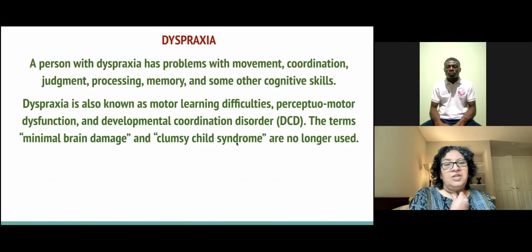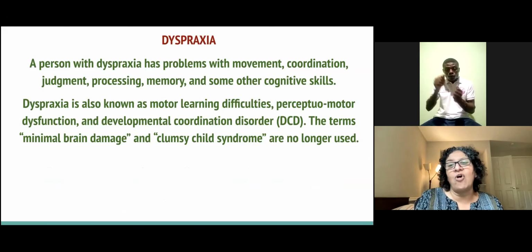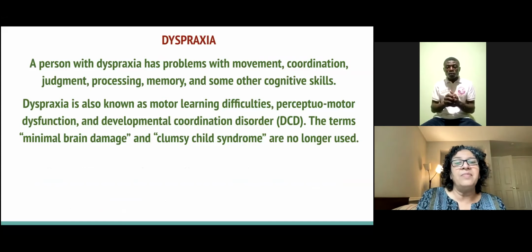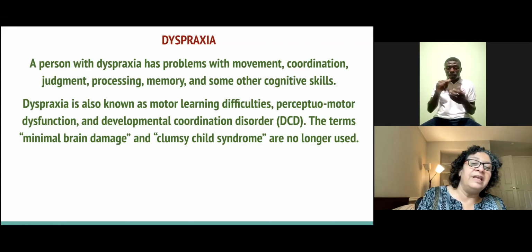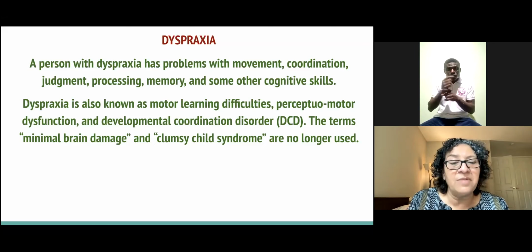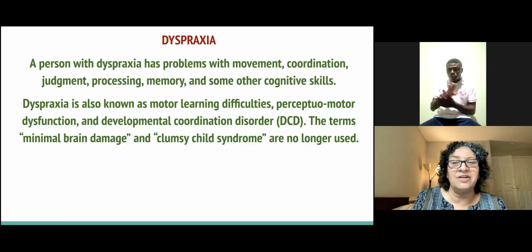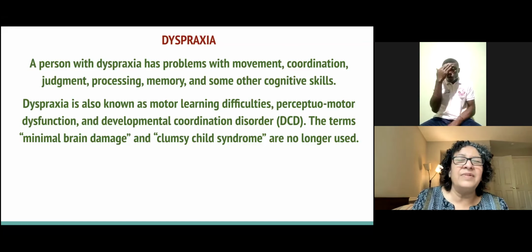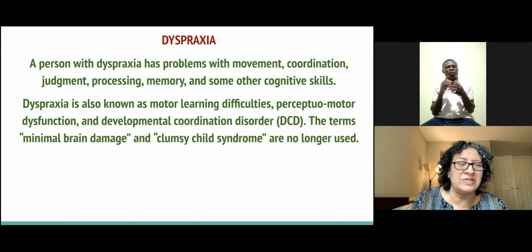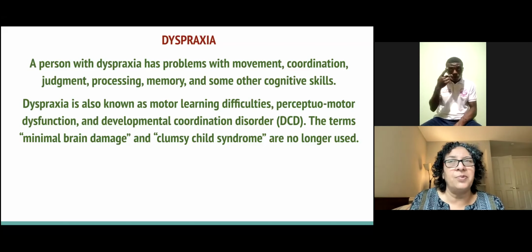Okay, dyspraxia. Dyspraxia is also known as motor learning difficulty, perceptual motor dysfunction, and developmental coordination disorder. In the earlier times of history, when the concept of learning disabilities was emerging, the terms minimal brain damage and clumsy child syndrome were associated with these kinds of children's behaviors, because as teachers and parents, we have seen some kids are very accident prone.